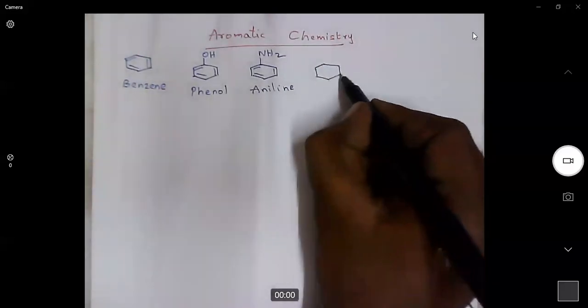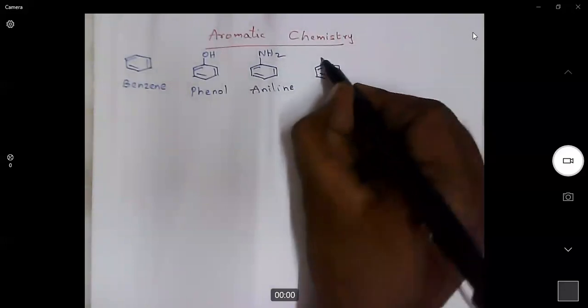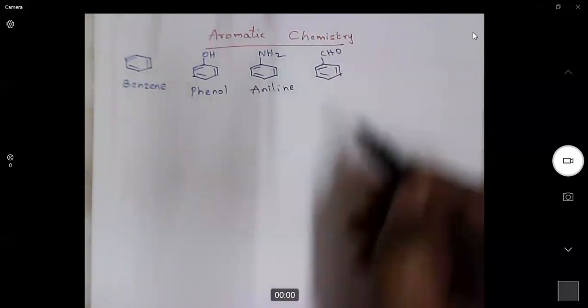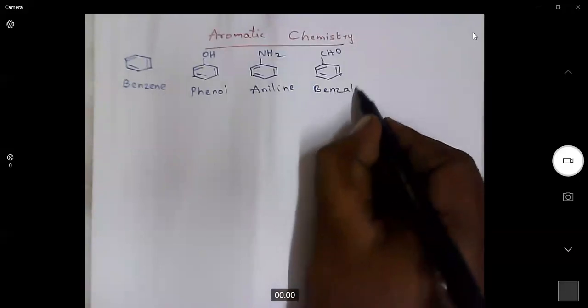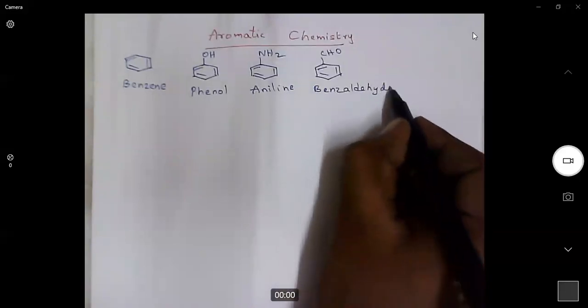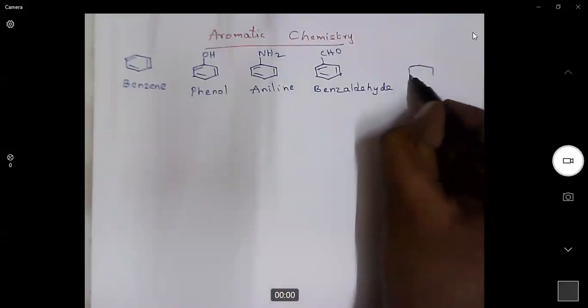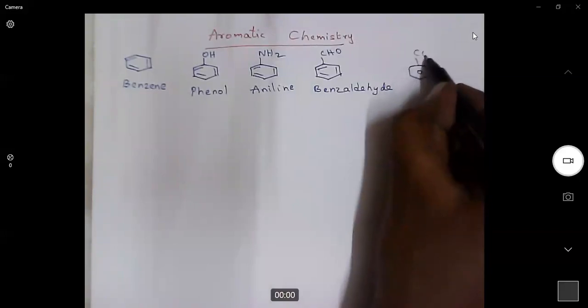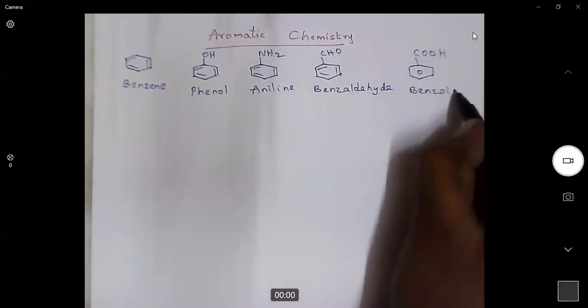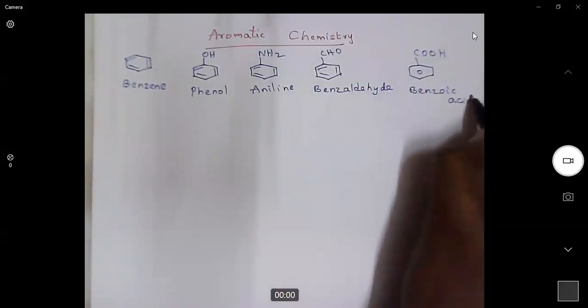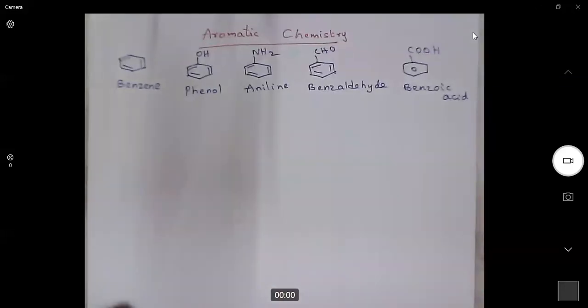Similarly, when we have an aldehyde, it is called benzaldehyde. When we have a carboxylic acid, we call it benzoic acid. As I said, these are all common names. These are not IUPAC names.